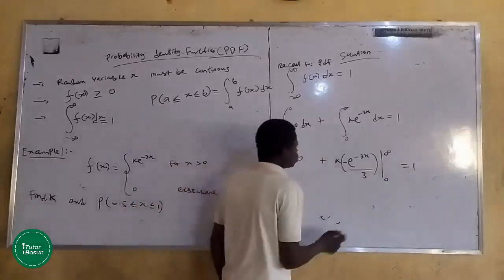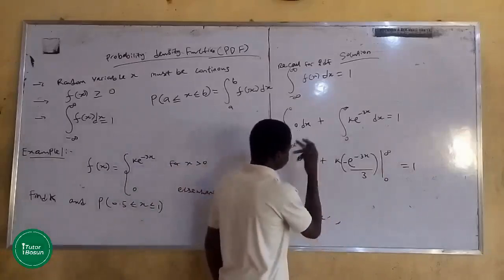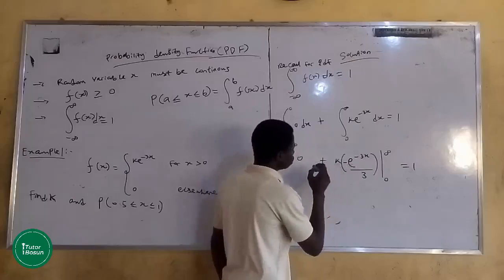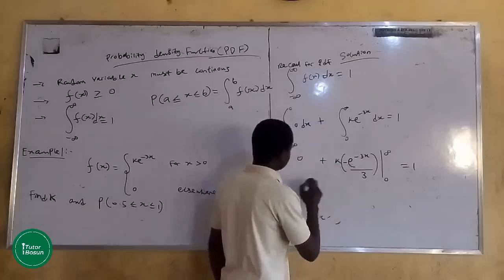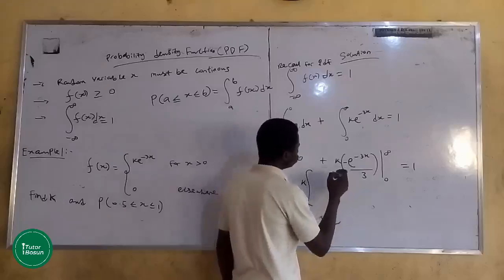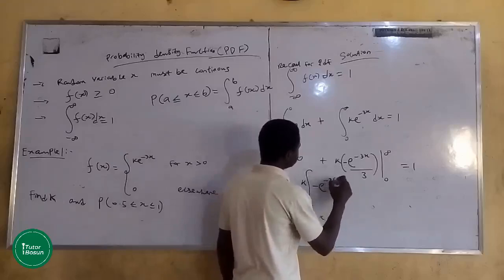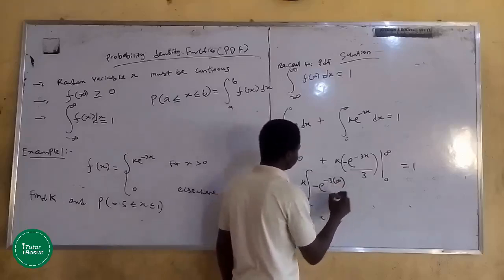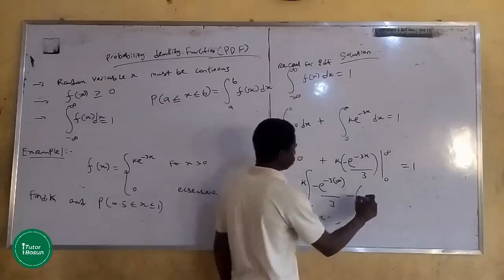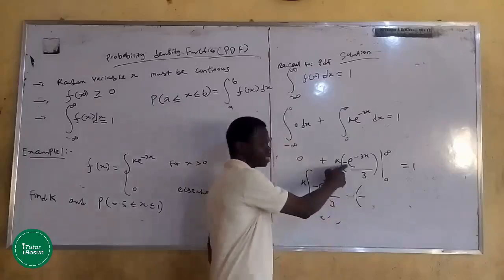Introducing those boundaries, what do we have? The 0 outside you can ignore. We have k times minus exponential minus 3 into infinity over 3, minus, because we have the minus here before.